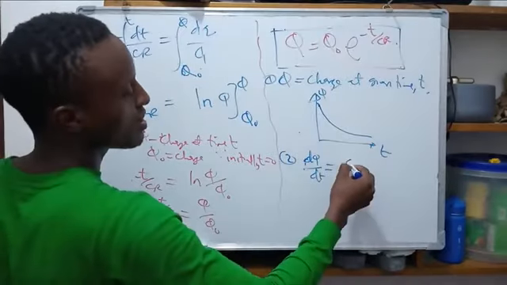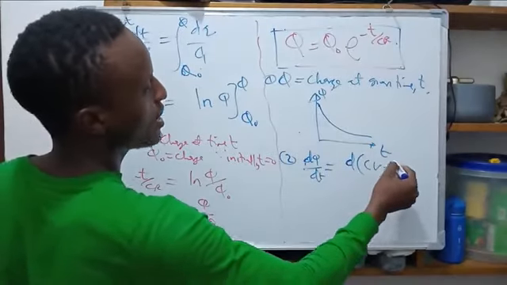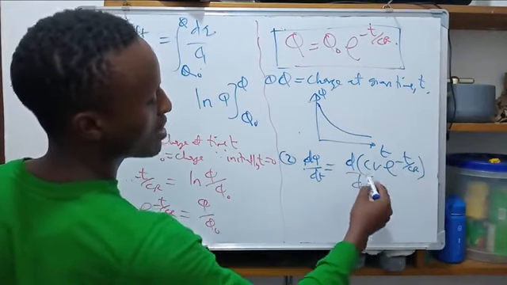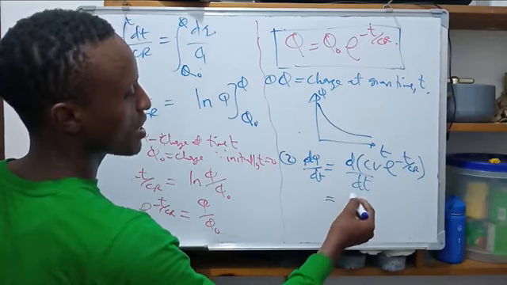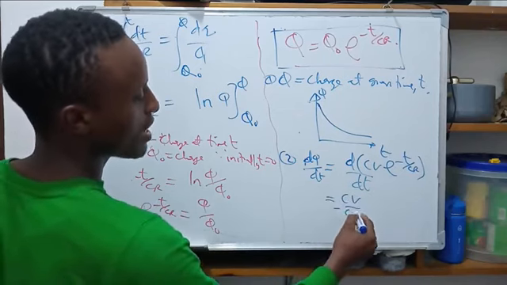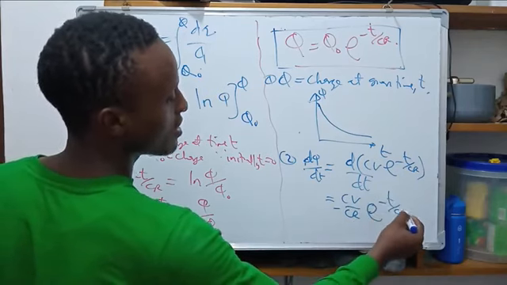So it's the differential of CV, then E negative t over CR, and we differentiate it with respect to time. So that's CV, but this is negative CR, then there's E to the negative t over CR.